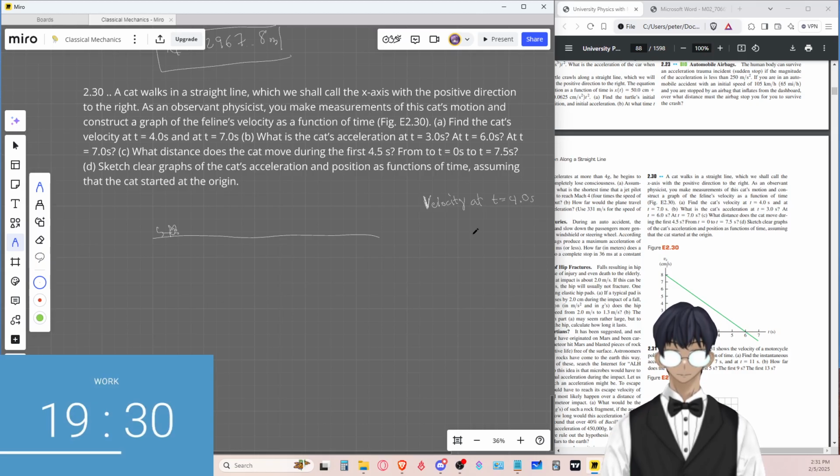The cat walks in a straight line. An observant physicist. Oh wait, no. So its initial velocity is 8 centimeters per second. So the initial velocity is 8 centimeters per second. So let's just convert that, because I don't like it when the units are outside of what I'm usually used to.